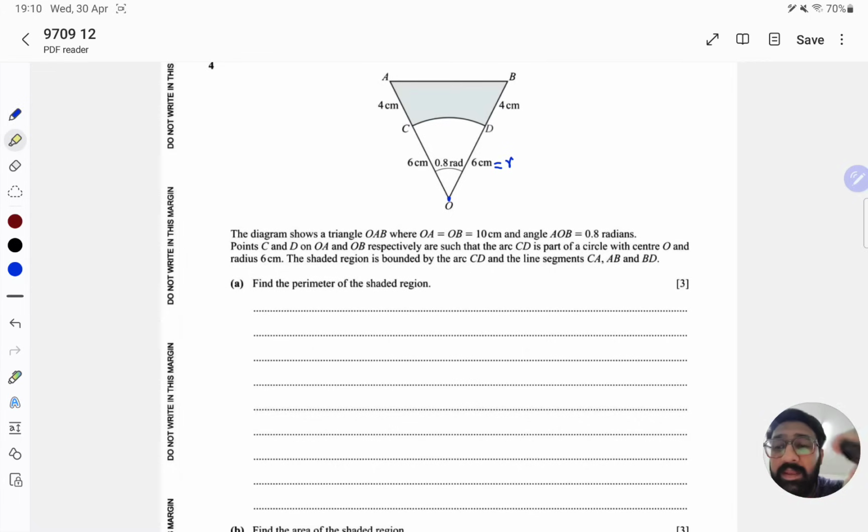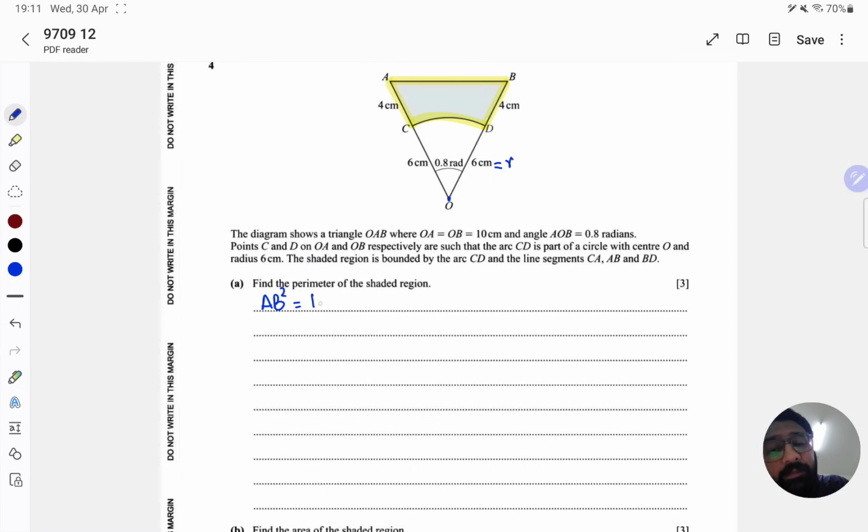So for finding out the perimeter, we basically need to add these 4 sides. Out of these 4 sides, we are already aware of 2 sides, which are 4 and 4. We need to find out the other 2 sides and add them all to find out the perimeter of the shaded region. So let's first of all find out AB. AB is a triangle side in which 2 sides are given to you, and the angle between the 2 sides is also given. So we will apply the cosine rule here.